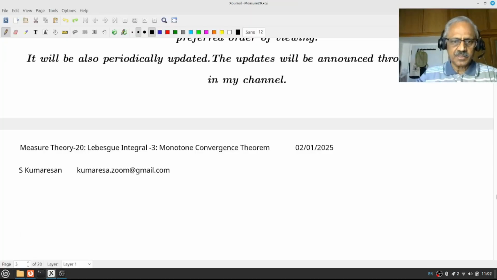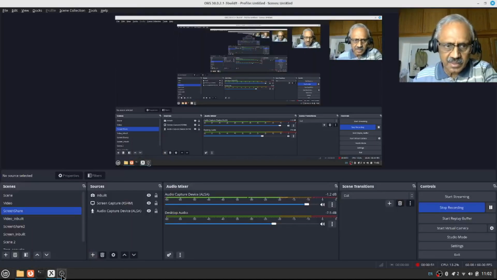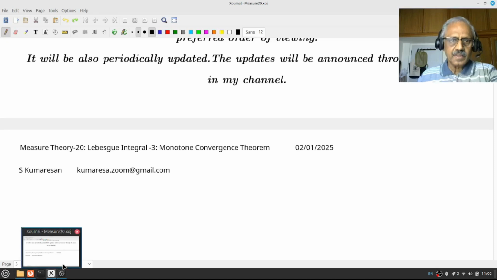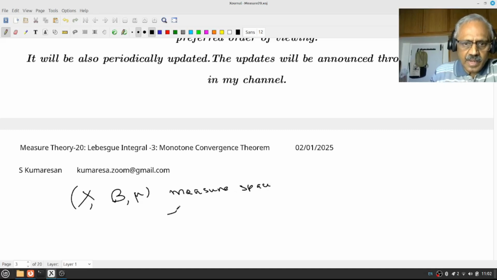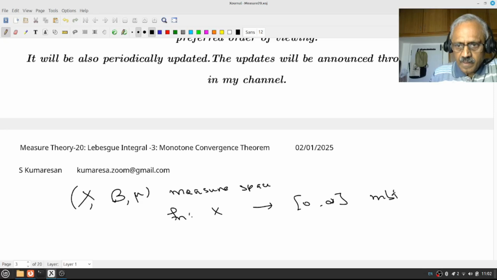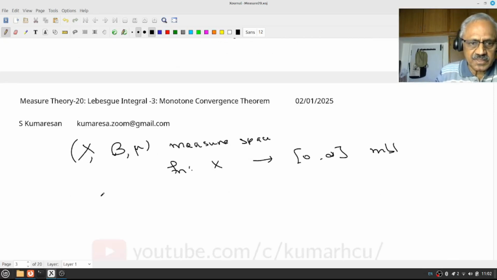So what did the monotone convergence theorem say? We are starting with a measure space, and Fn a sequence of non-negative measurable functions. Our assumption is that the Fn's are an increasing sequence. What does that mean?